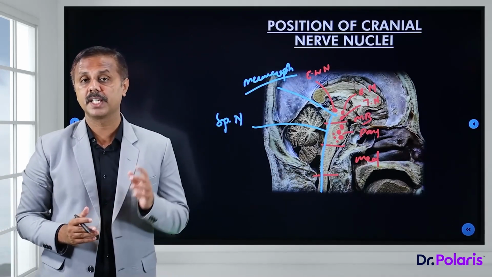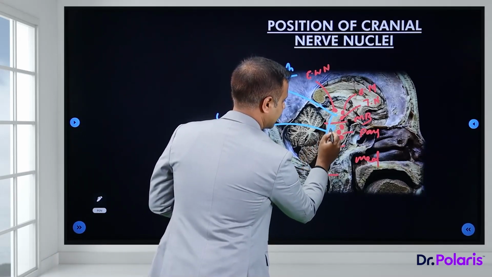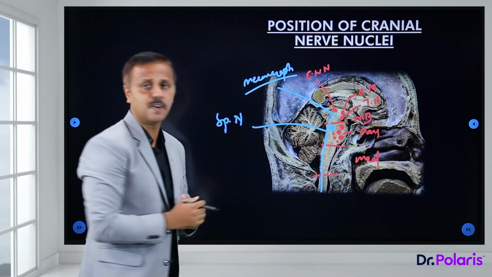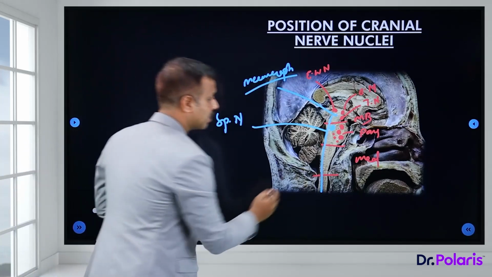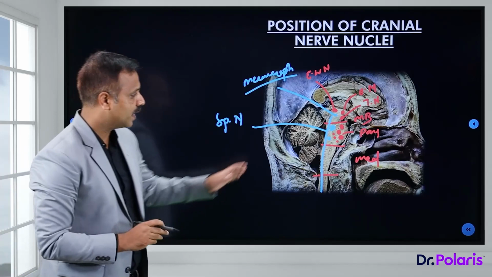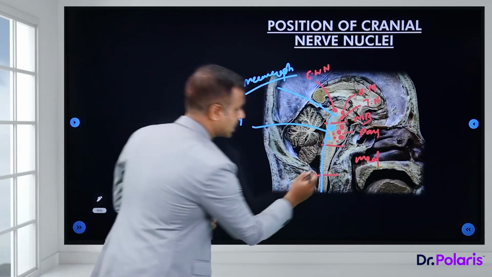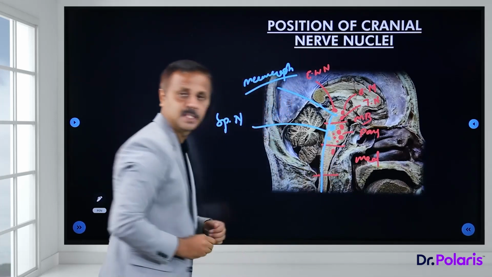When we talk about the afferent nuclei, remember the main afferent nucleus present here is the chief sensory nucleus of trigeminal nerve and also part of the cochlear nucleus. Right. When we talk about the medulla oblongata, remember the medulla oblongata has the hypoglossal nucleus, right?